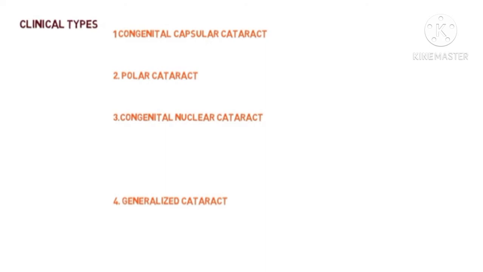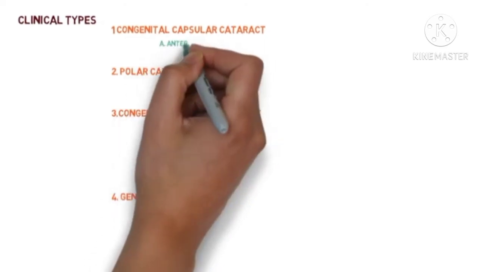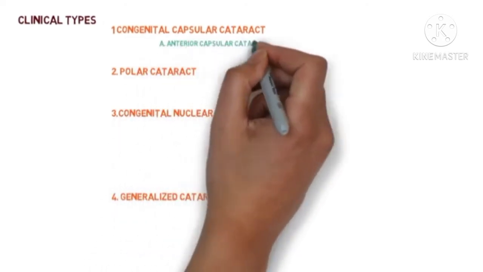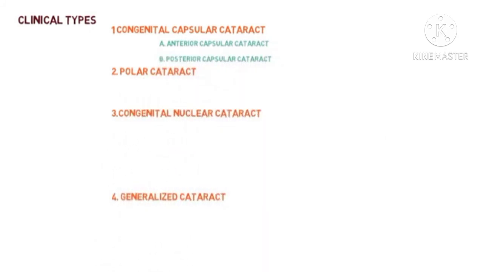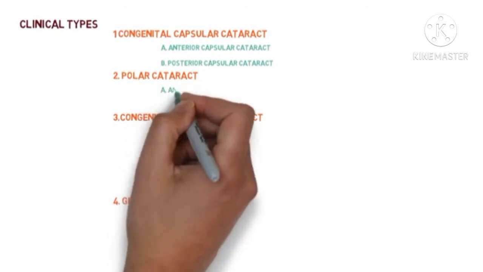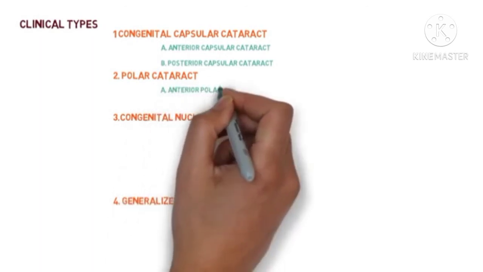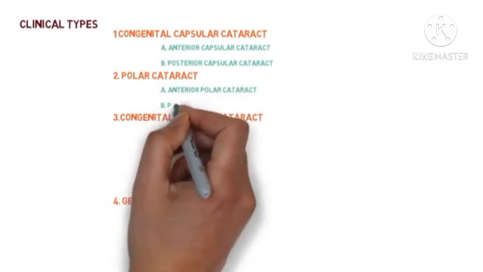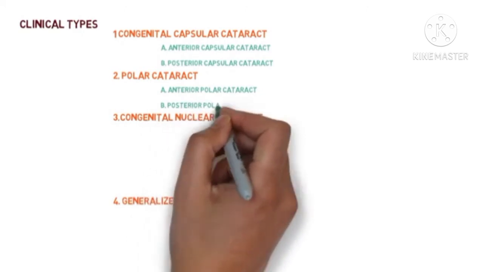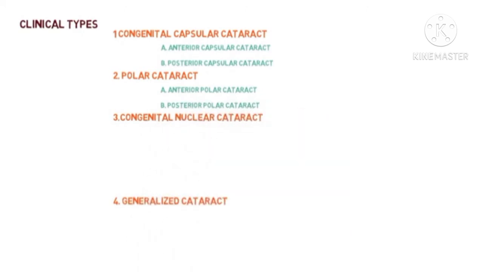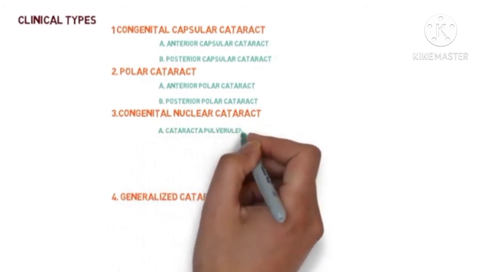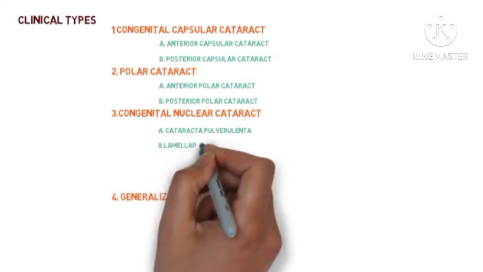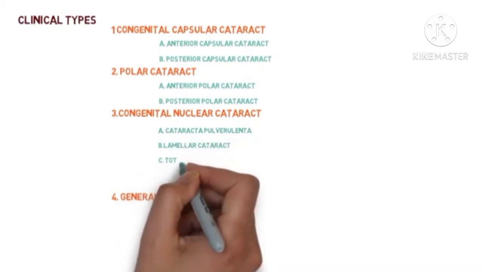In congenital capsular cataract, there can be anterior capsular cataract or posterior capsular cataract. In polar cataract, there are two poles, so there may be anterior polar cataract or posterior polar cataract. And in congenital nuclear cataract, there may be cataracta pulverulenta, lamellar cataract, total congenital cataract, or sutural and axial cataract.